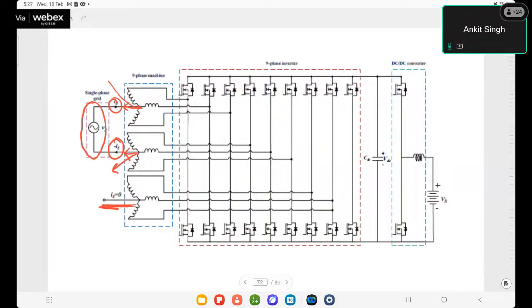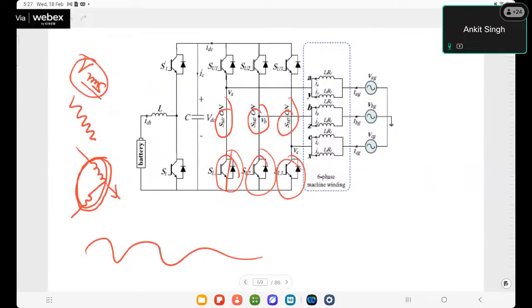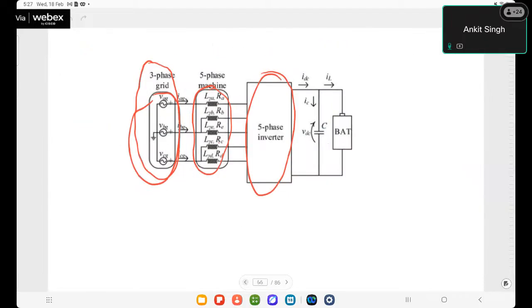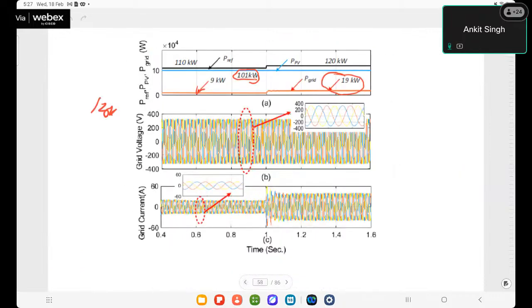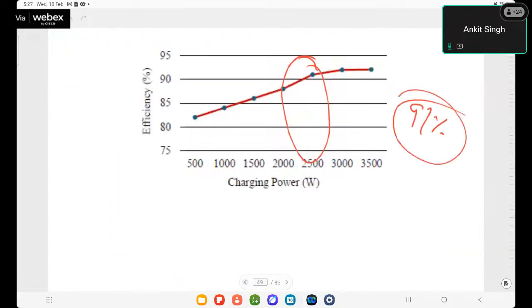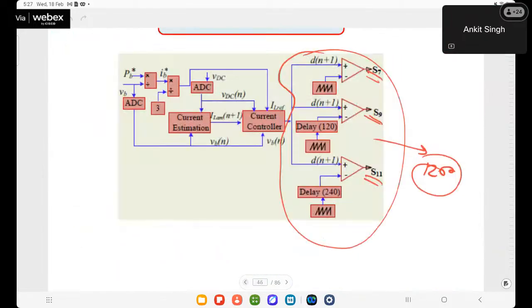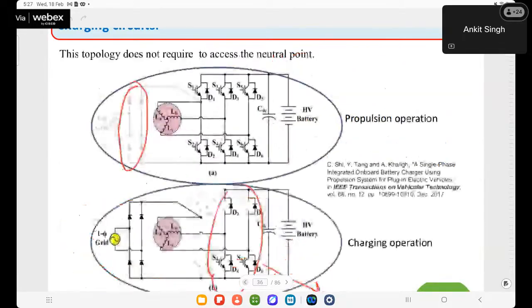I will show some topologies that don't require neutral point access. If you remember the first slide, when the machine winding is used in the charging circuit, I will show. Look here.